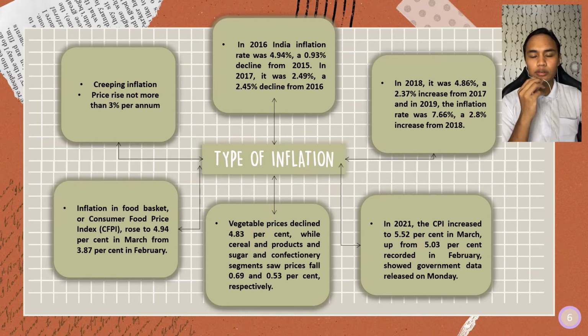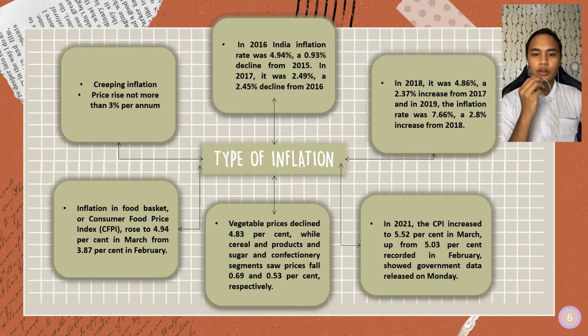In 2016, India's inflation rate was 4.94%. In 2017, it was 2.49%. In 2018, it was 4.86%, and in 2019, the inflation rate was 7.66%. In 2021, the CPI increased to 5.52% in March, up from 5.03% recorded in February.